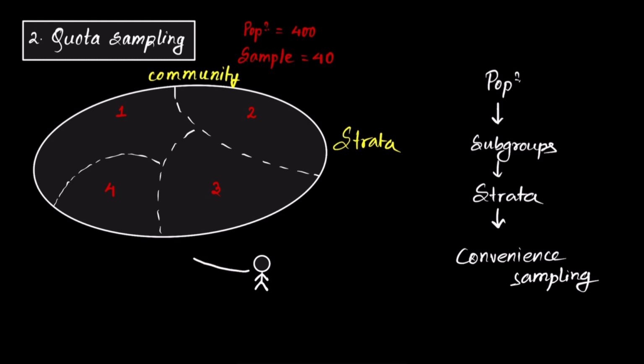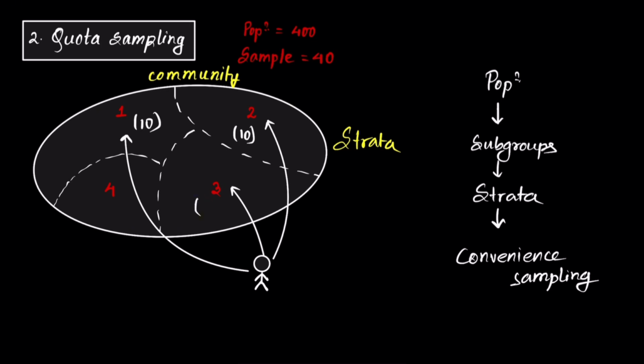So the researcher goes to the first strata, carries out convenience sampling, and let's say collects a sample of 10 individuals, then goes to the second strata, again carries out convenience sampling and collects 10 individuals, goes to the third strata and collects 10 individuals, goes to the fourth strata, and finally carries out convenience sampling to collect 10 samples.